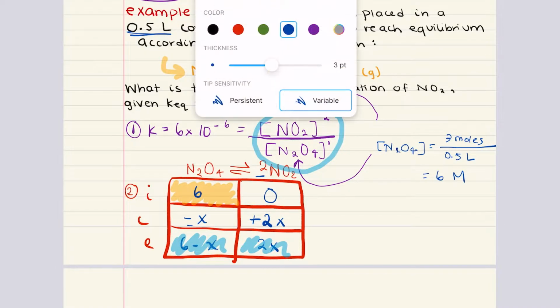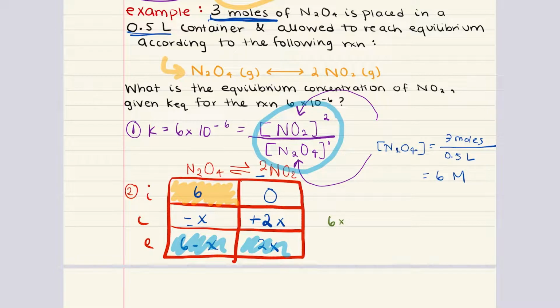Now we can write that 6 times 10 to the minus 6 is equal to our product concentration, which is 2X squared raised to that stoichiometric coefficient over our equilibrium concentration for dinitrogen tetroxide, which is 6 minus X.